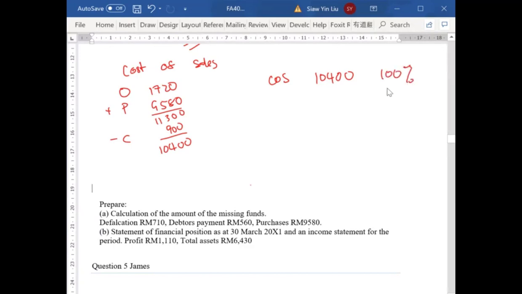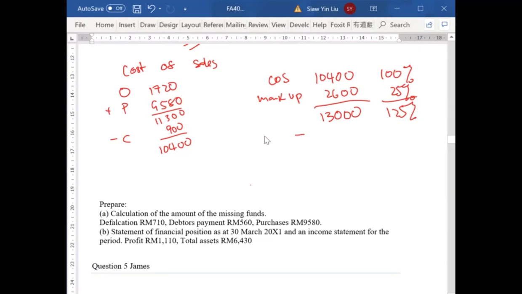Now I have to mark up another 25%, which will be 2,600. So these two total up to become my sales figure. My sales will be 125% based on the formula given, so total sales is 13,000.